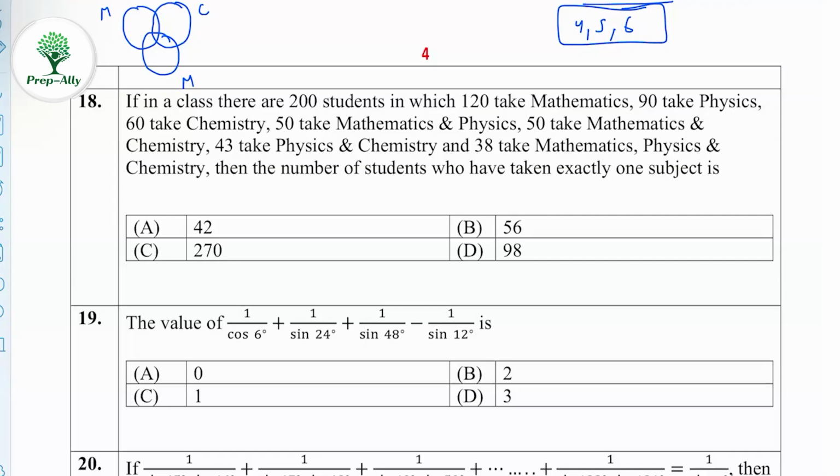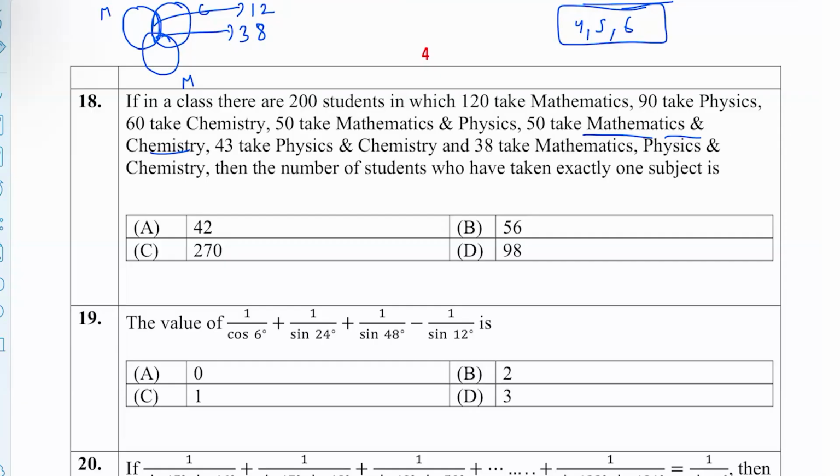So that means this part is 38. Those who are taking maths and chemistry, a total of 50 are taking maths and chemistry. Out of that, 38 are taking all three. Here, how many will come? Here, 12 will come, because the total is 50.